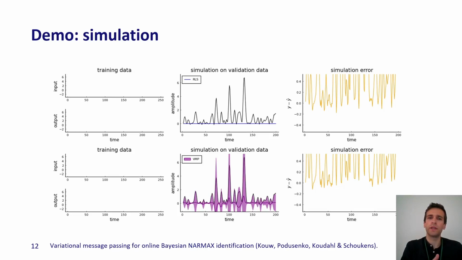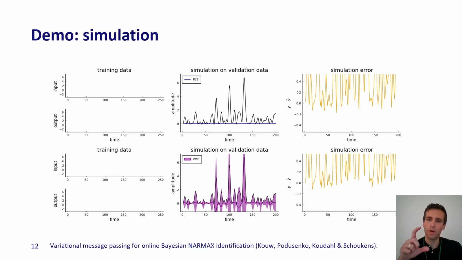And what you're going to see is that I'm comparing the variational message passing based method with recursive least squares. What you're going to see is that VMP generates a sensible simulation earlier on. It also recognizes that these peaks in the validation data set are problematic.